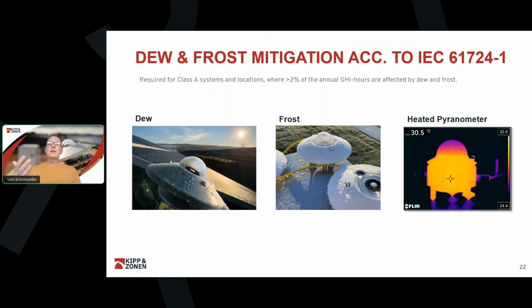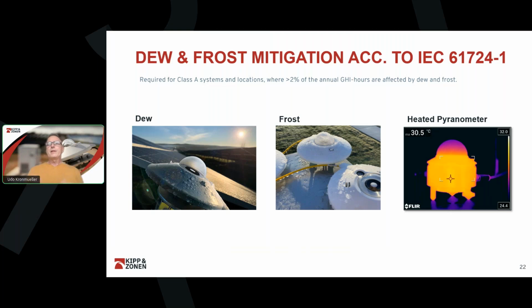But on the other hand, in the front, you can see the pyranometer's dome is absolutely clear. The reason for this is that we have used a pyranometer with an integrated heating, which is the case for the Kipp & Zonen SMP12, as shown in the outside right picture in this infrared image.